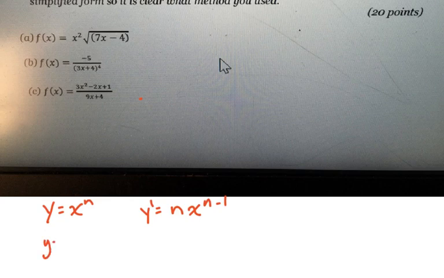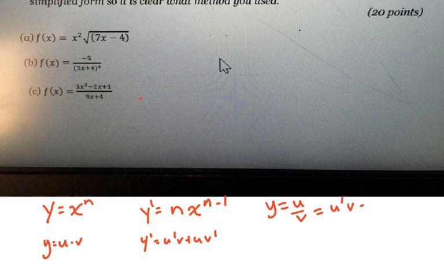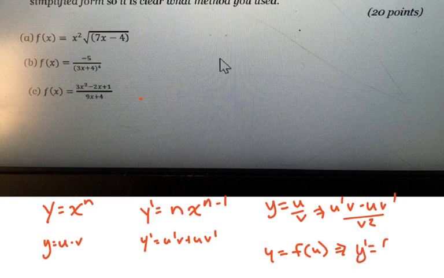If you have a product, you're going to use the product rule, which is u prime v plus uv prime. If you have a quotient, you use the quotient rule, u prime v minus uv prime all over v squared. And if you have a composed function, so like for chain rule, your derivative is going to be the derivative of the outside function times the derivative of the inside function.